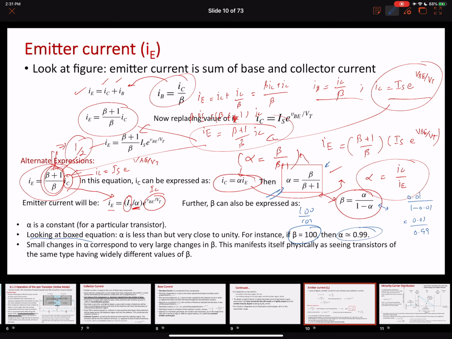So very small changes in alpha will produce a very large change in beta values. And again, alpha is known as a common base current gain. This will become much more clear when we talk about different configurations, how we can use these bipolar junction transistors in different configurations, for example, amplifier configurations, common base or common emitter. These notations will become much more clear.